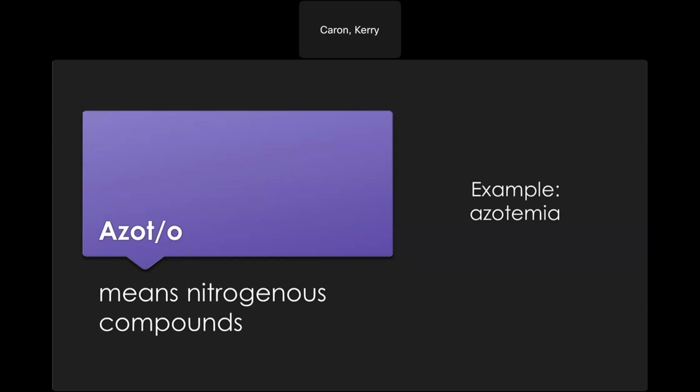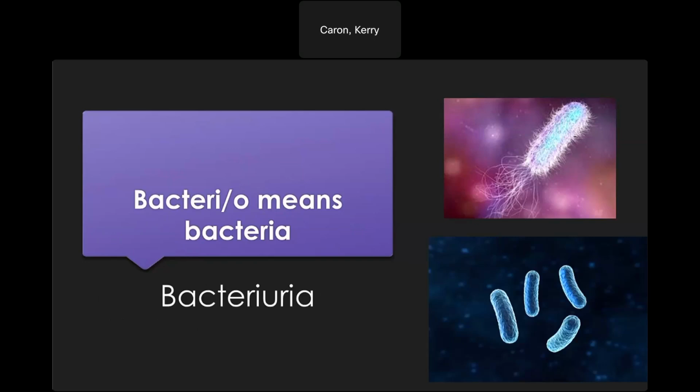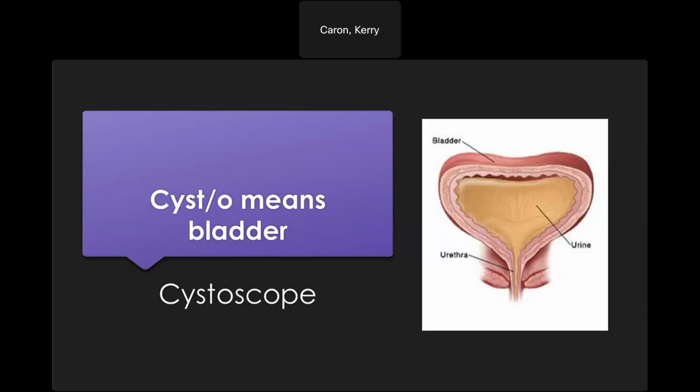So azotemia is a blood condition of nitrogenous compounds. Bacterio is referring to bacteria. So bacteriuria, which uria we'll learn is a suffix for urine, is urine with bacteria in it.